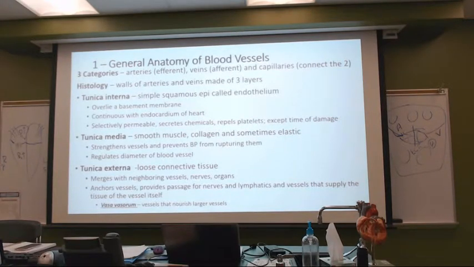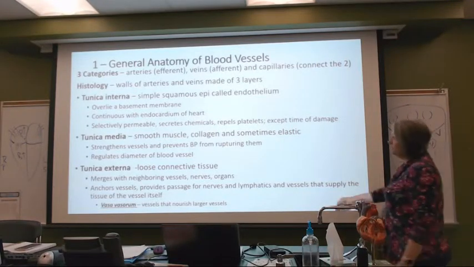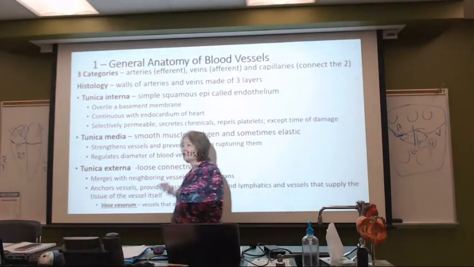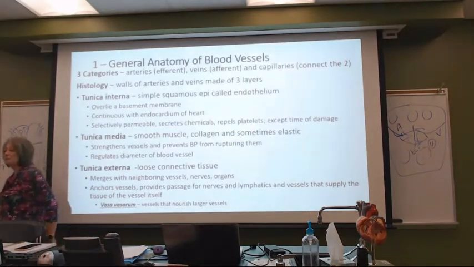This makeup, if we go back to part 1 and think about simple squamous epithelium, this means they are selectively permeable. They control what goes across them. All right? They have the ability to secrete chemicals.